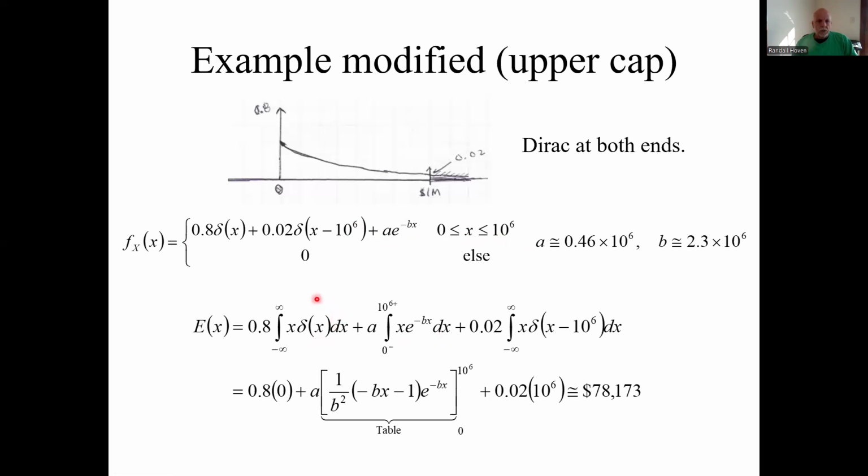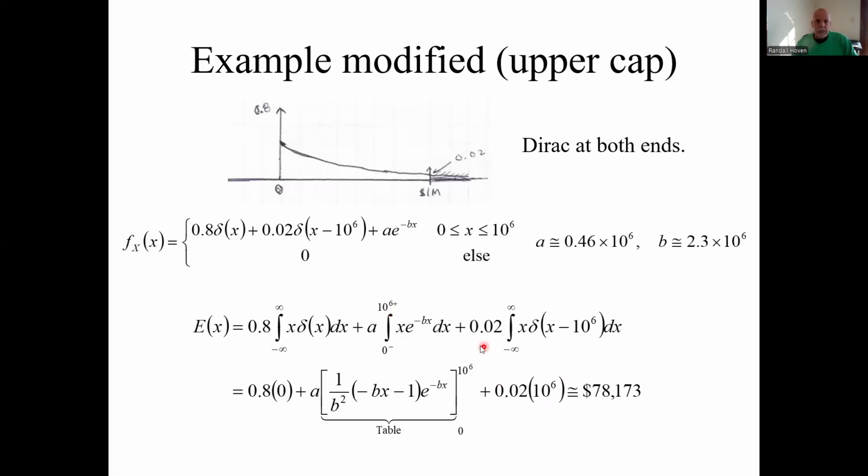So, okay, what's this evaluate to? Well, the A here is like this. But it's centered at 0. So plug in 0 for X, you get 0. This guy evaluates to 0. This guy will evaluate to 10 to the 6th. I got the 0.02 in front. So that's what that guy is.